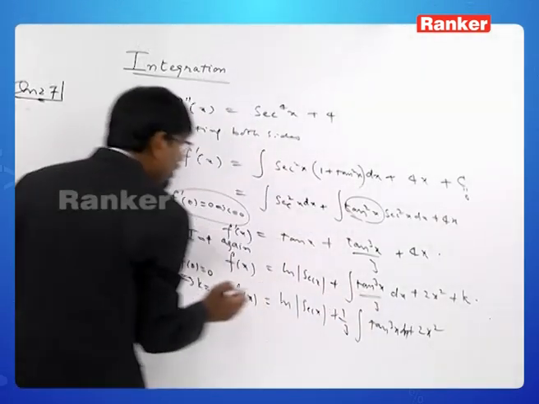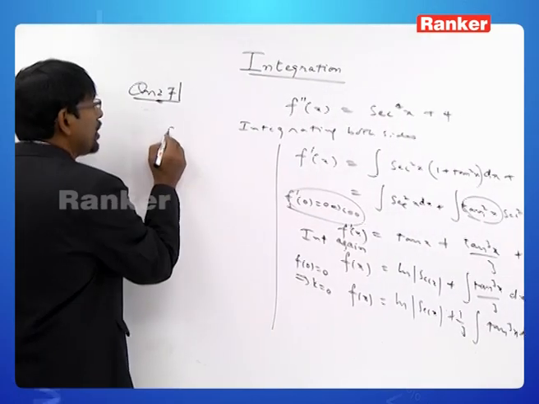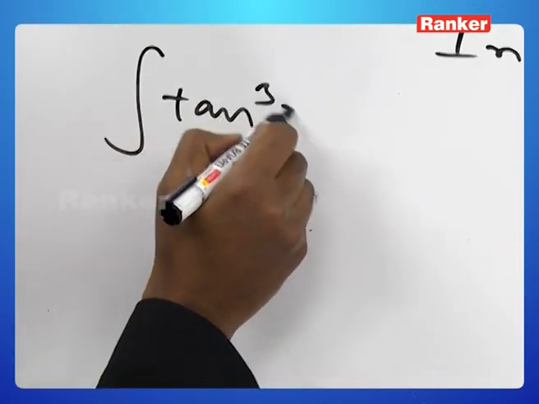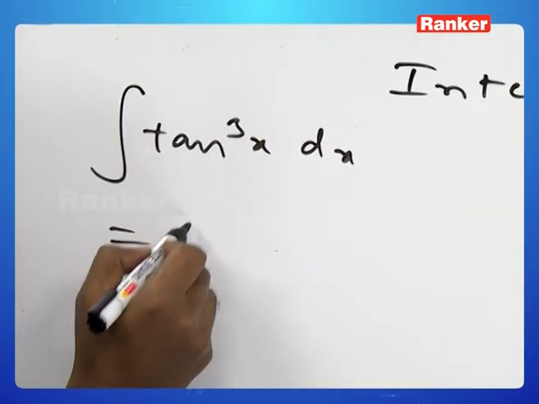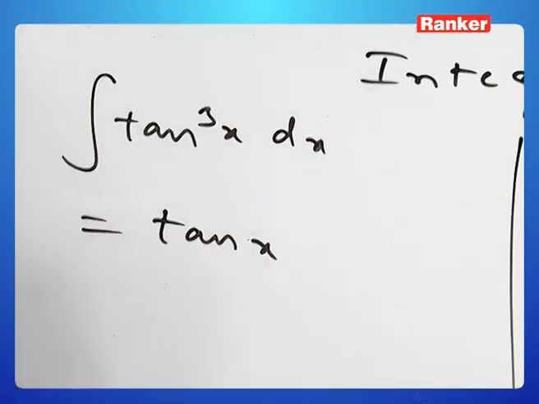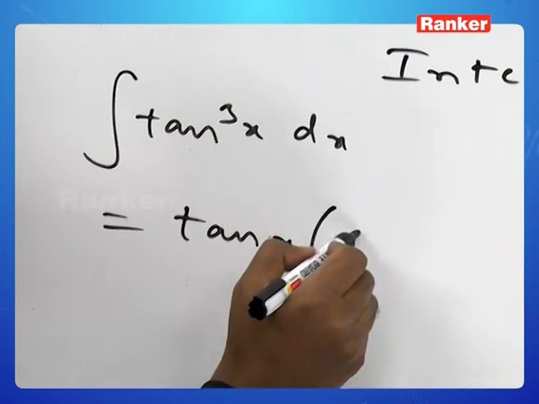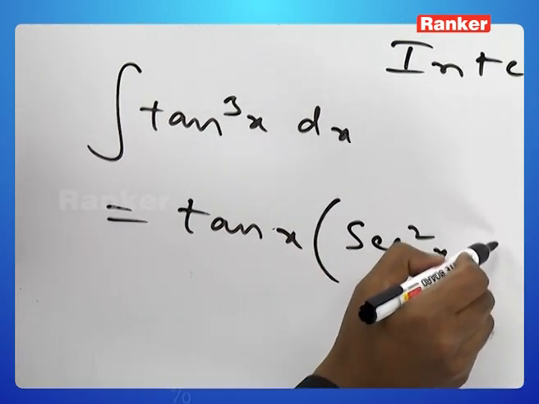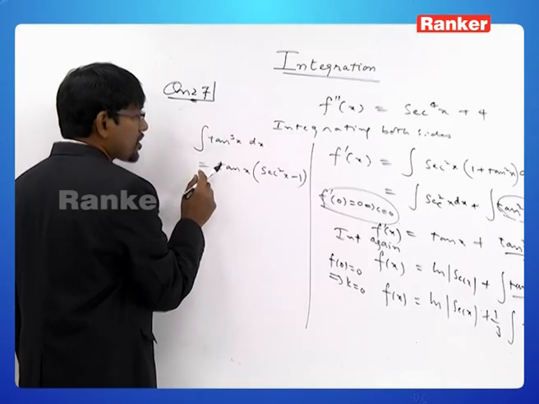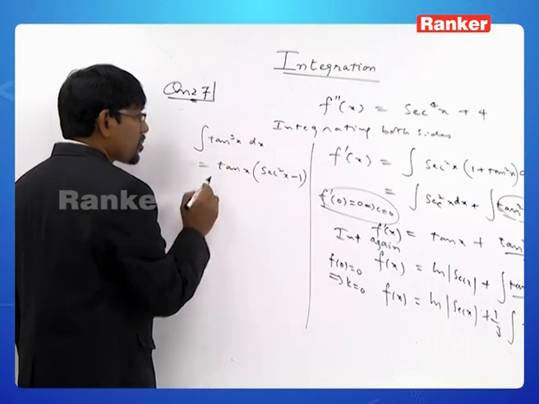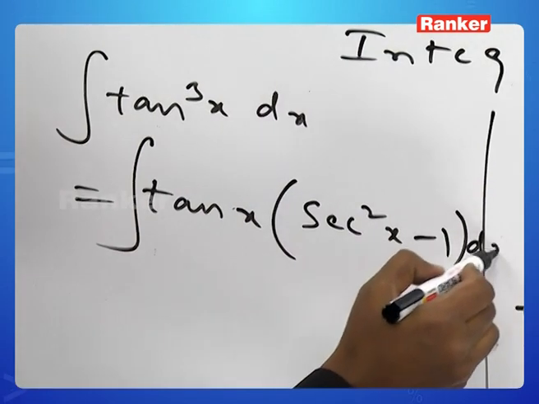Now, we will calculate this integral of tan cube x separately. So, the integral of tan cube x, what is that? Tan x into, I will write this as secant square x minus 1, because tan square x we can write as secant square x minus 1, dx.